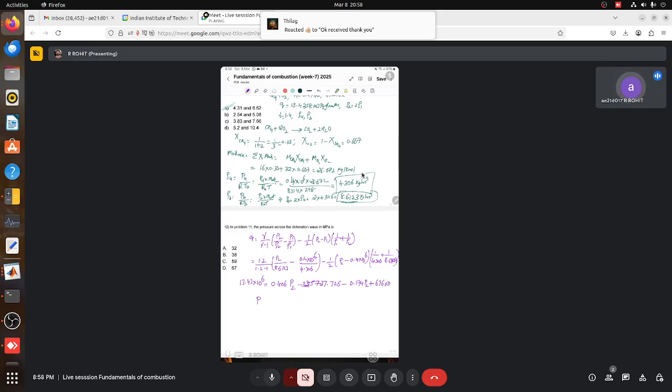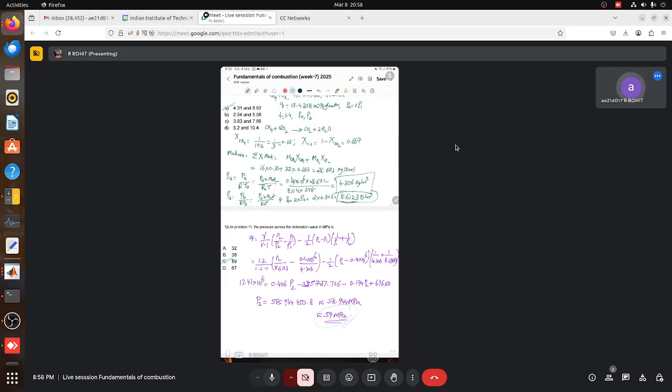So if you solve it out, you will get P2 close to 58944.50.8, which is approximately 58.944 megapascal. So this is close to 59 megapascals that you have. So the correct answer will be option C, which is 59 megapascals.